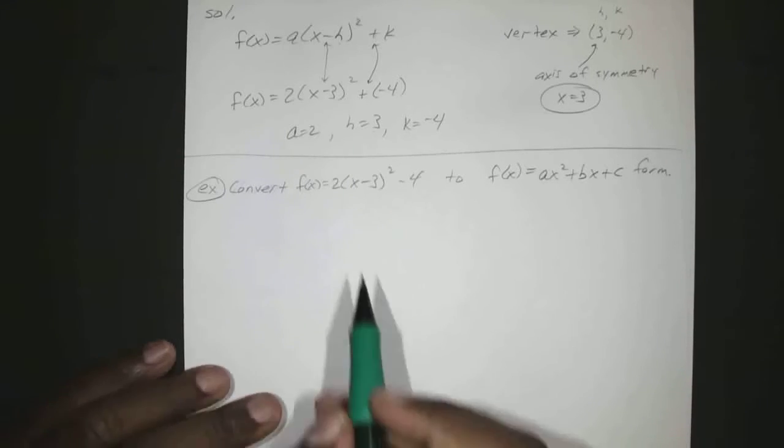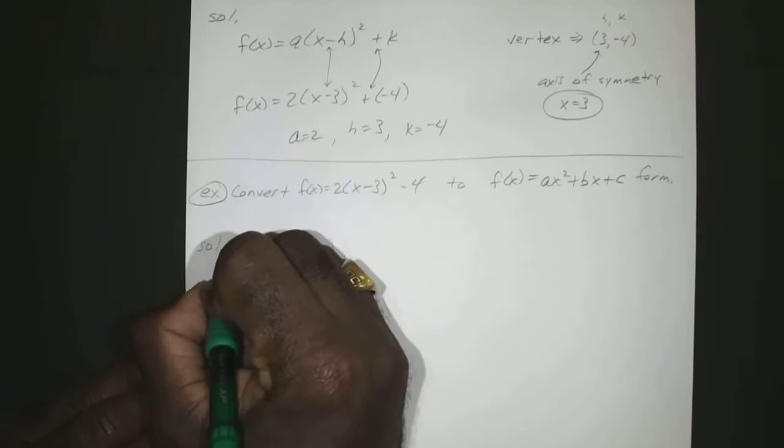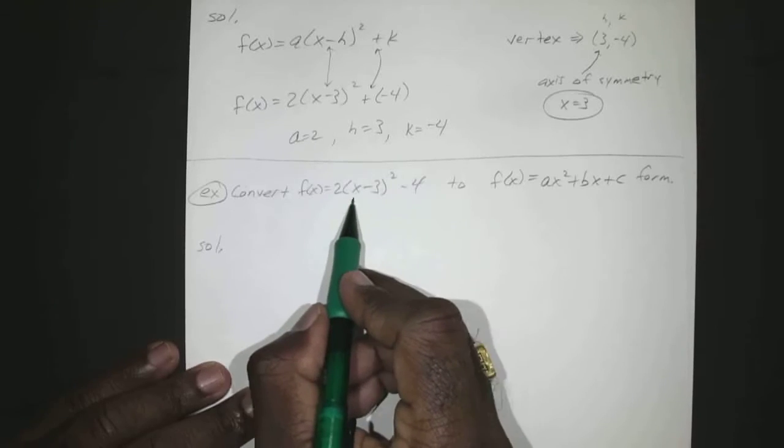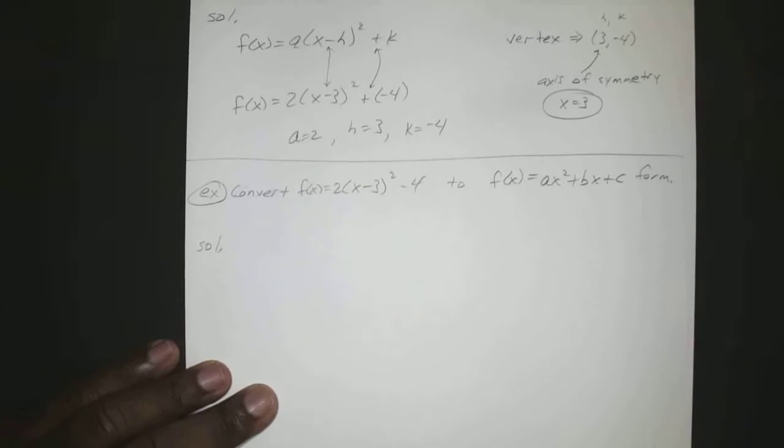Okay. So really all you'd have to do is just FOIL out your x minus 3 squared and combine like terms.